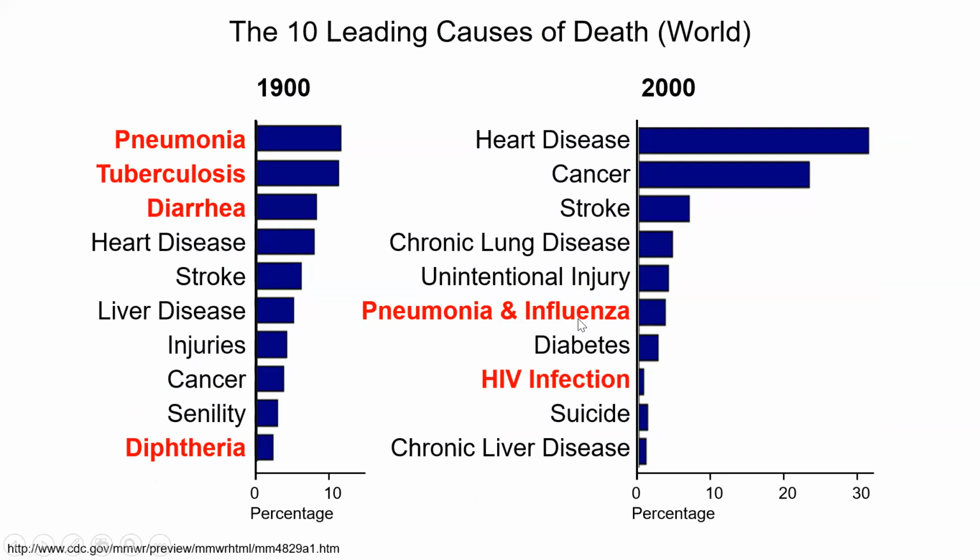So here's some other numbers. In 1900, the top 3 causes of death worldwide were infectious diseases: pneumonia, tuberculosis, diarrhea. Bring us up to 2000, and some of these things are kind of gone. Diphtheria, does anyone know anyone who's had diphtheria? Not me. My great grandmother died of diphtheria.